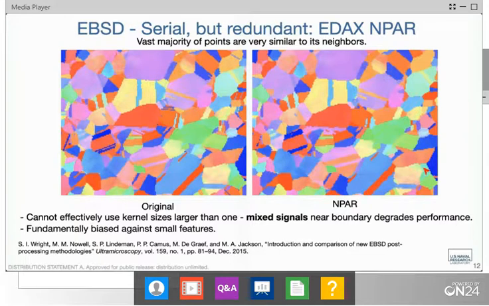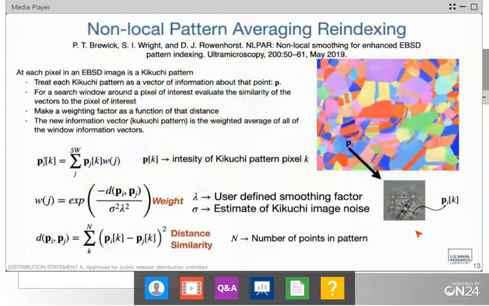So what we developed was a new version of NLPAR. NL stands for non-local pattern averaging and reindexing. Here we're not as concerned about proximity, how close a pattern is to the pattern of interest, in order to determine what kind of smoothing or averaging it should have.